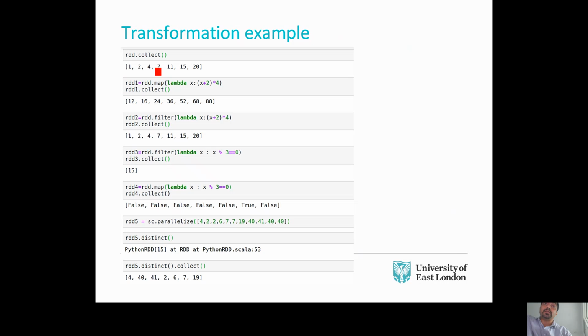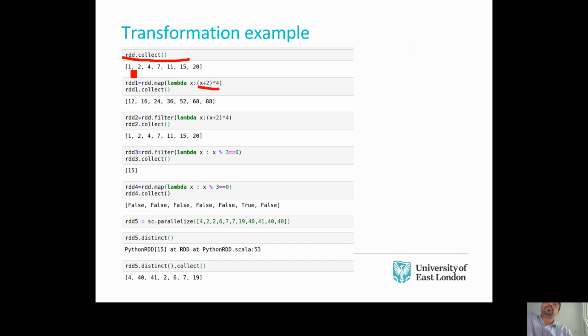Let's have some examples, guys. This is the RDD we made, 1, 2, 4 and something like that. Then I have to start writing Python code. Let's see how we can do that. I want to get these values one by one and do this operation. I want to first add 2 and then multiply by 4.